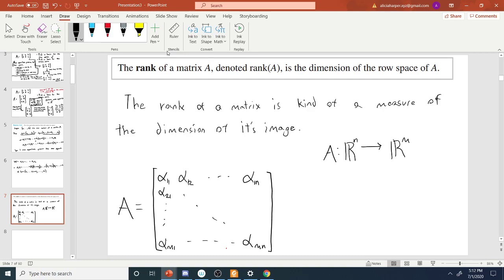And A determines a subspace of Rm, the column space.